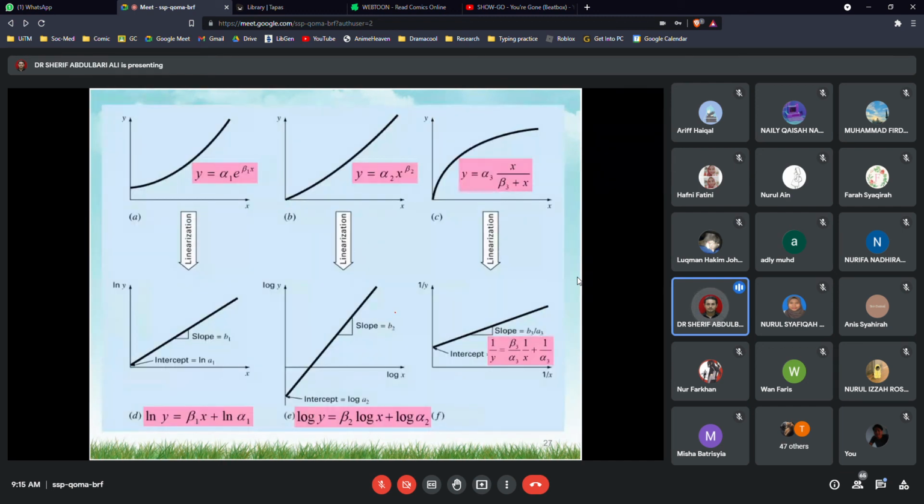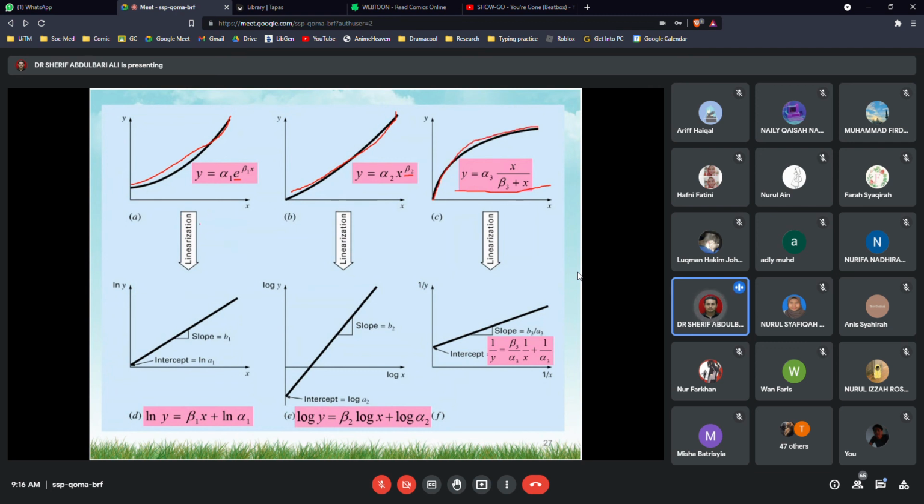So how are we actually going to linearize them? Let's take an example. This is an exponential equation. This is the power equation. This is the saturation growth equation. You can see that those equations are giving you curves, not a straight line. So how can we make those equations equal to a line?